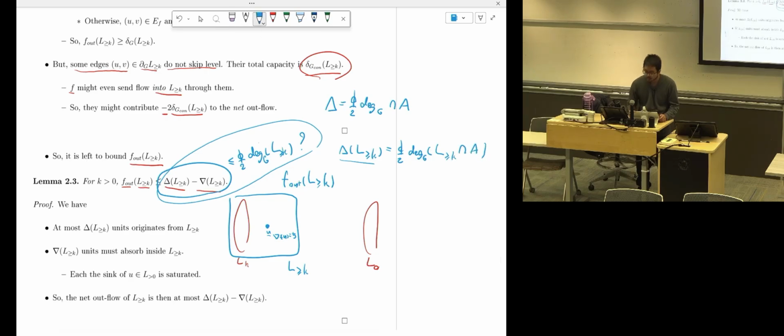Almost by definition, you get this much for every node inside A. So this is the case. But then this is obviously at most the degree in G of L at least K, without restriction to A. So this is clear.